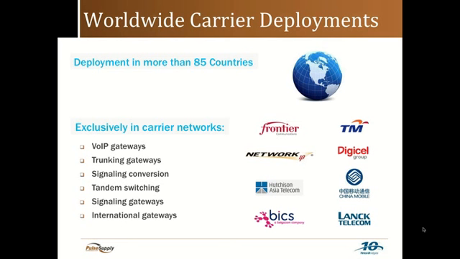These gateways are also used as trunking gateways in carrier networks. The products perform signaling conversion and can act as a signaling gateway, and also allow carriers to benefit from voice over IP networks for tandem switching or international long distance for these carriers. Our deployments are in more than 85 countries and exclusively in carrier networks.